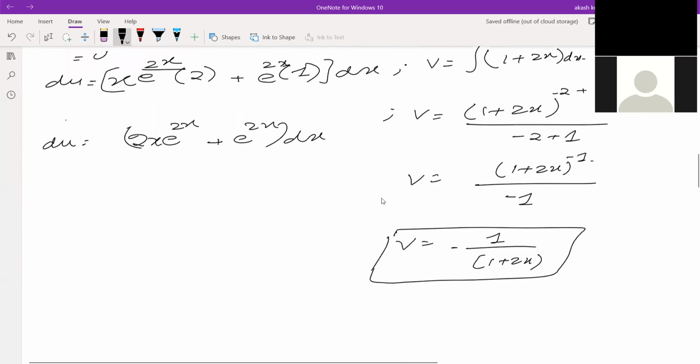Now we're going to apply the integration by parts, which is uv minus integral of v du.